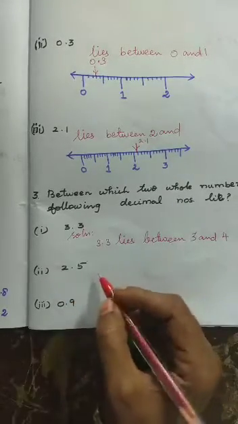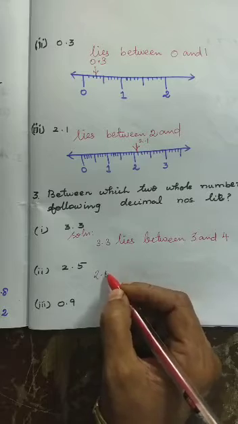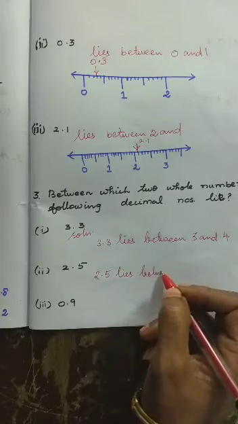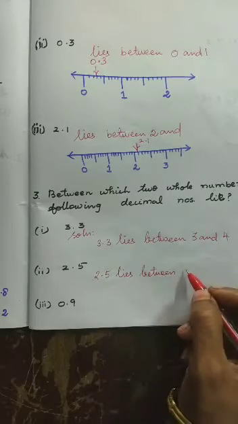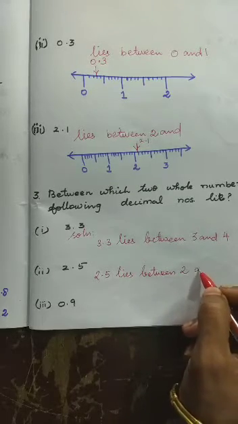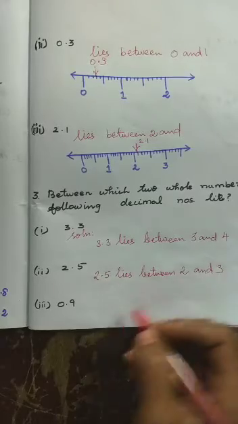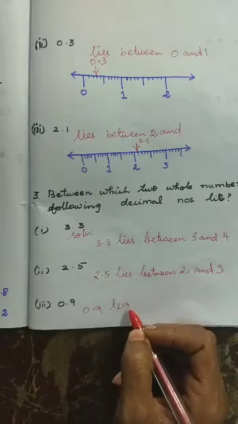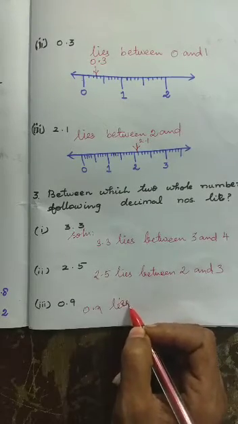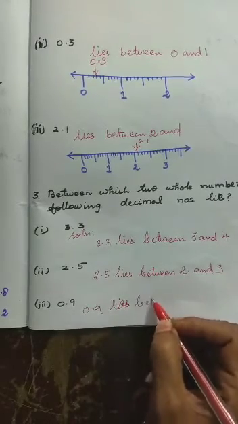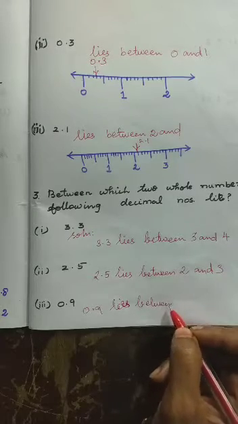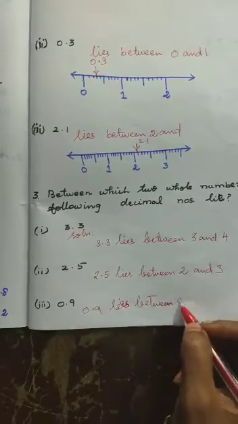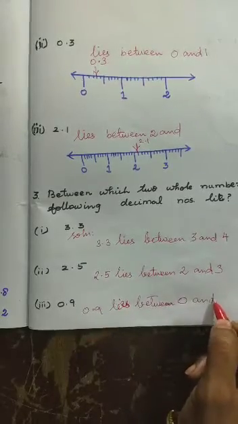Next, 2.5 lies between 2 and 3. Then 0.9 lies between 0 and 1.